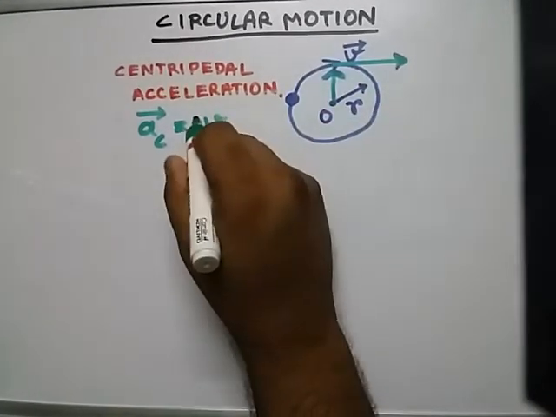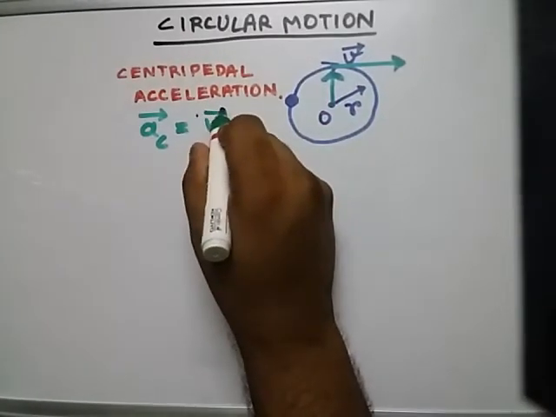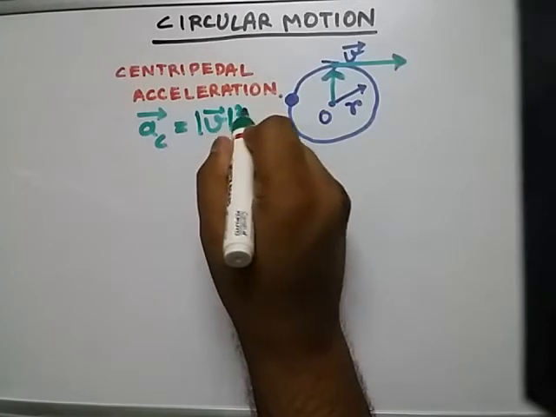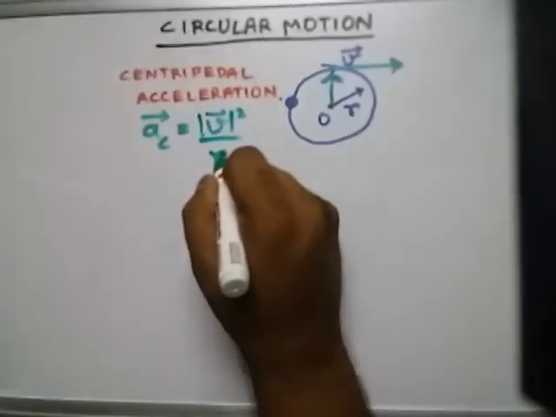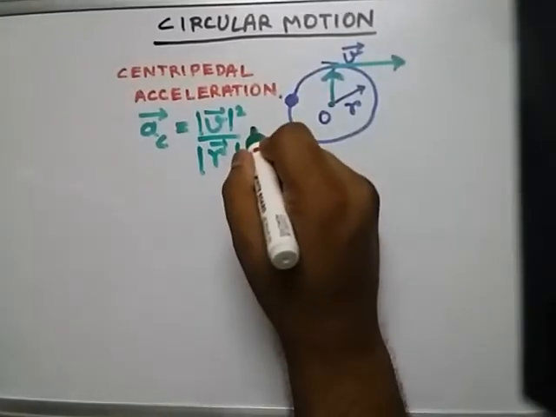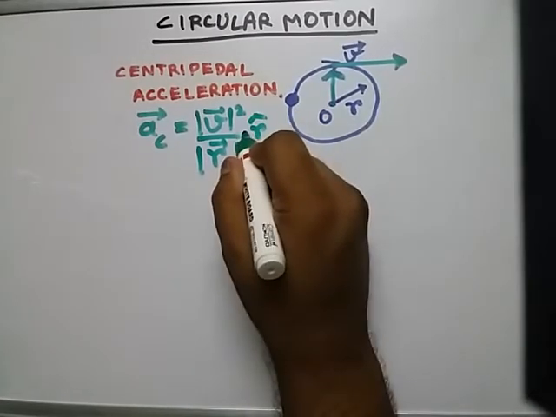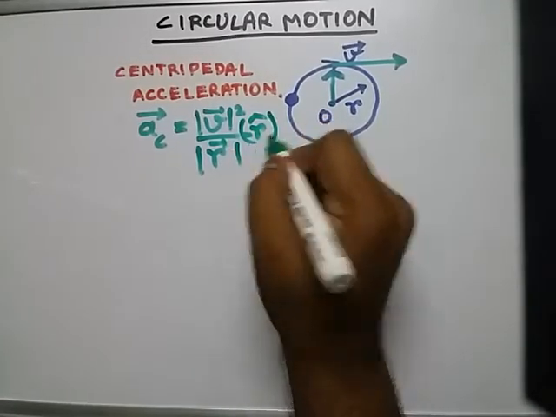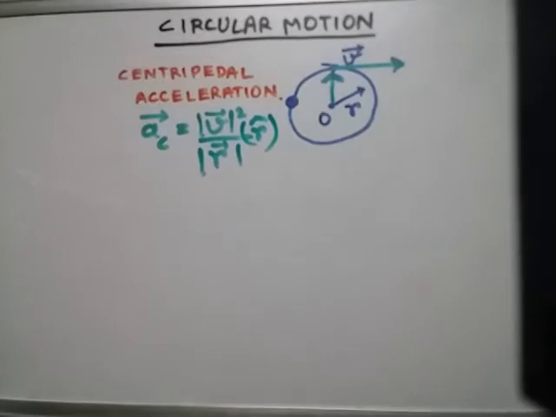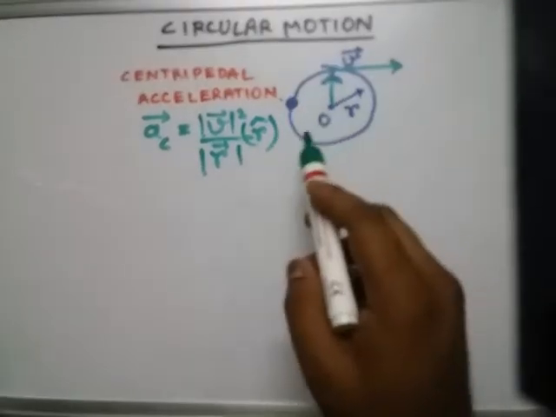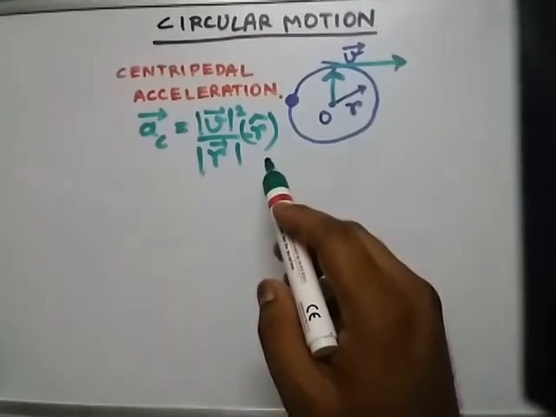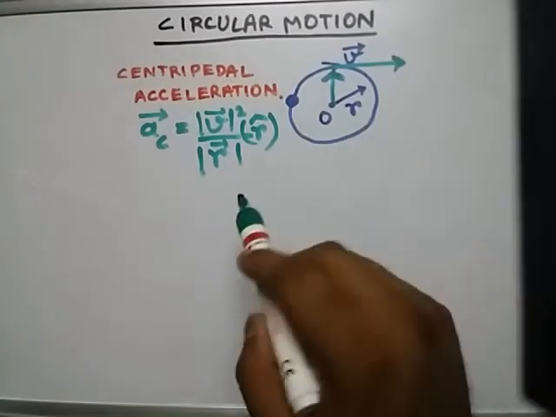So it is given by mod v square by mod r times minus r cap. Fine. Now how this acceleration comes, I will show you subsequently.